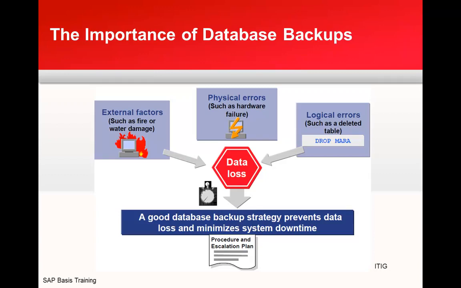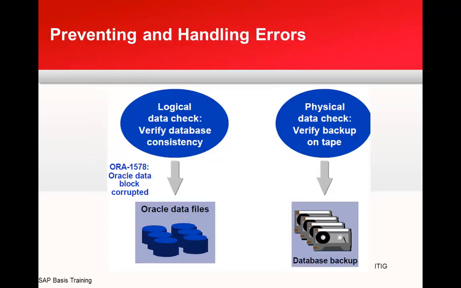There could be logical errors, such as tables being deleted or dropped. Because of data losses, you need to have a backup to recover. A good database backup strategy prevents data loss and minimizes system downtime. To achieve that, you need to have procedures and an escalation path in place. So that is why this is required.